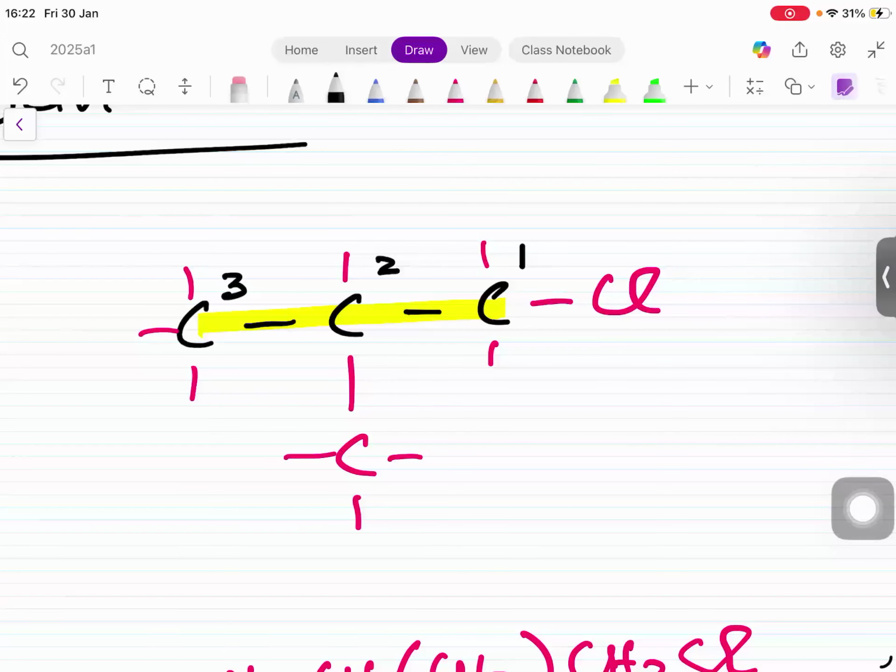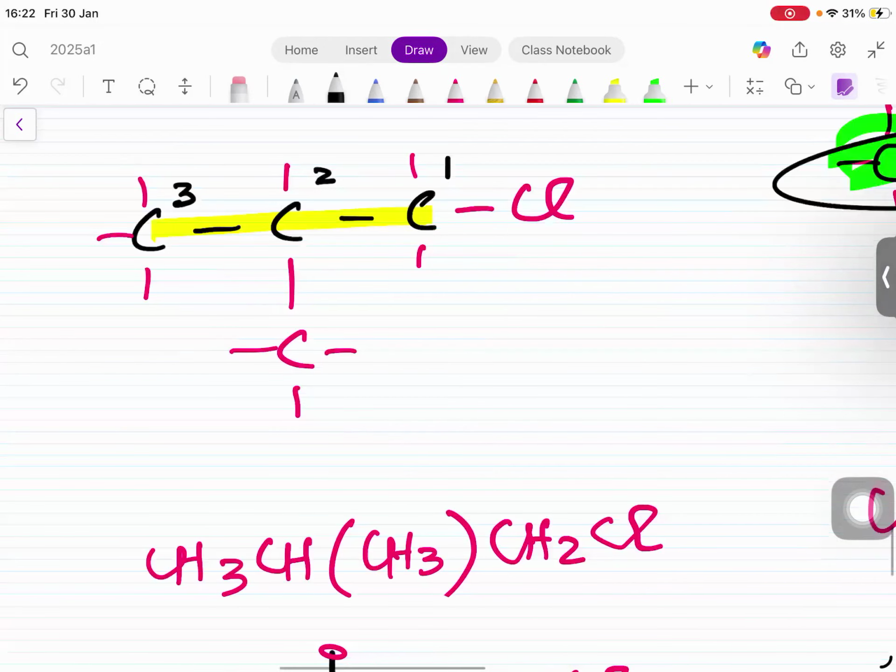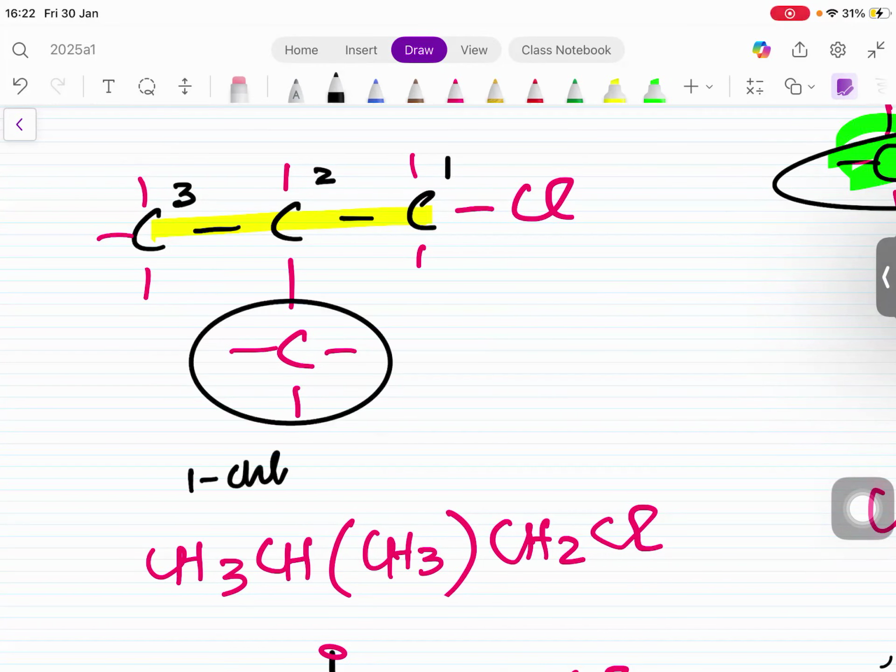For the halogen chlorine, we are not going to change anything with the ane; it remains just like an alkane. We put chloro in the form of a branch, just like we treat a branch. So it's 1 chloro propane, but is there any branch as well? Methyl. So 1 chloro, 2 methyl.